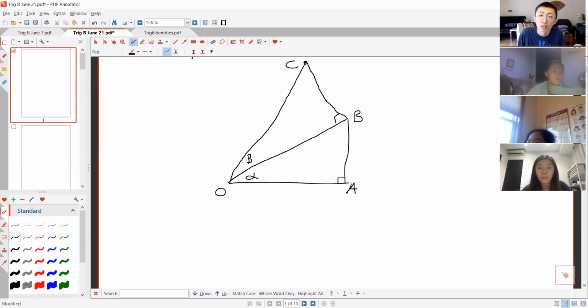So let's say I drop an altitude. So I have two triangles, OAB and OAC, and they're right triangles. And then I drop an altitude from C to D, on line OA to point D, and then from B to CD. Let's say this is at E.